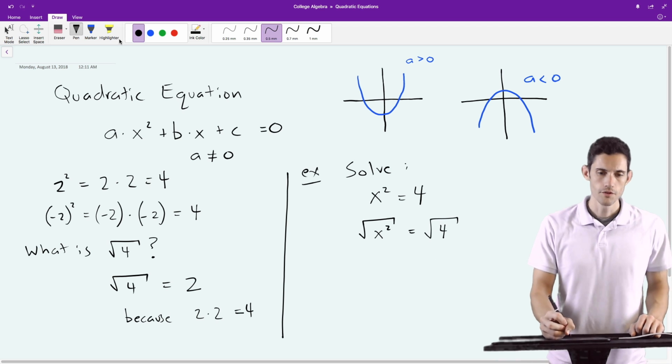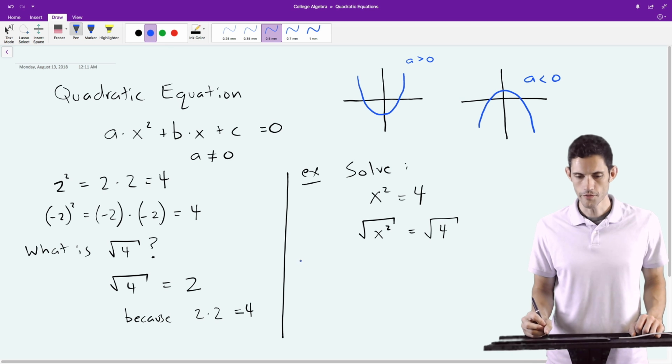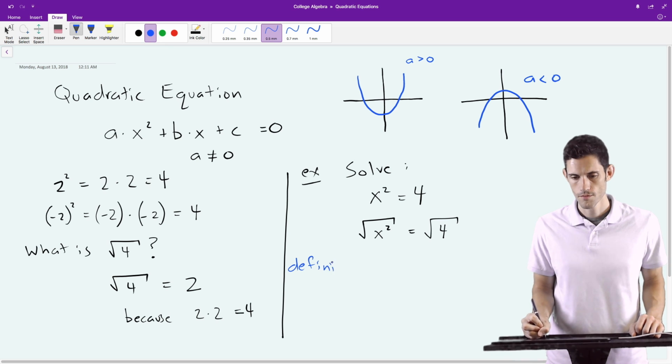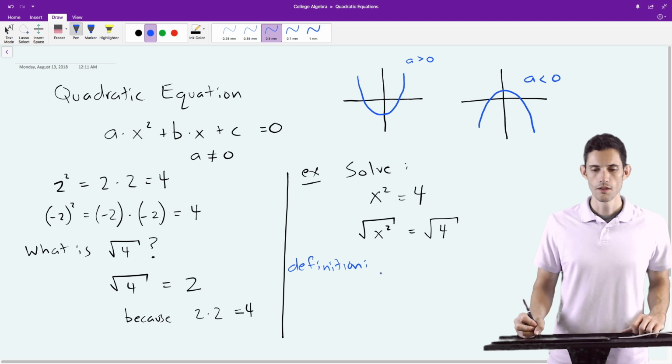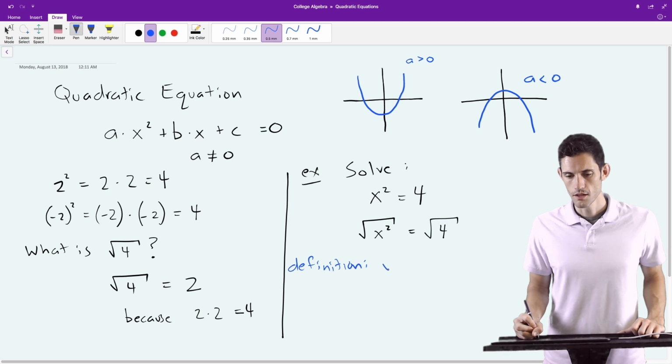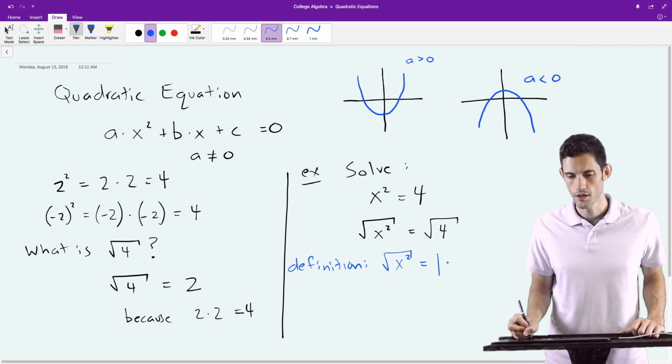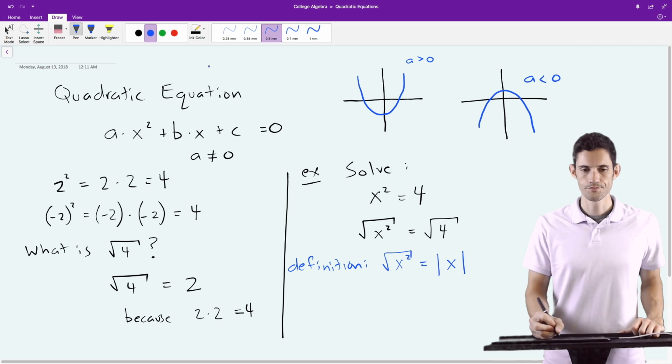Now on the left, we're going to use this definition. We're going to use this definition a lot today. This definition is the square root of x squared is equal to the absolute value of x.